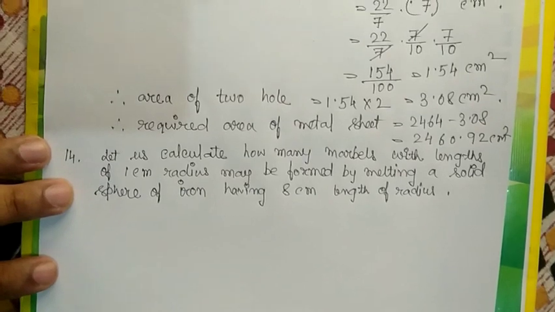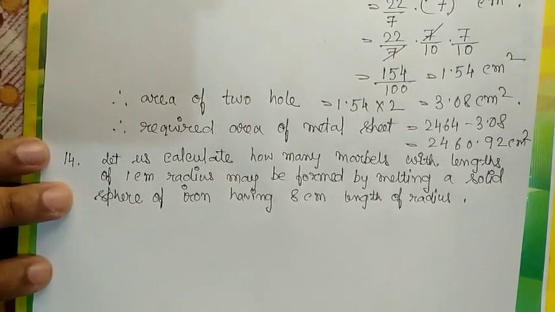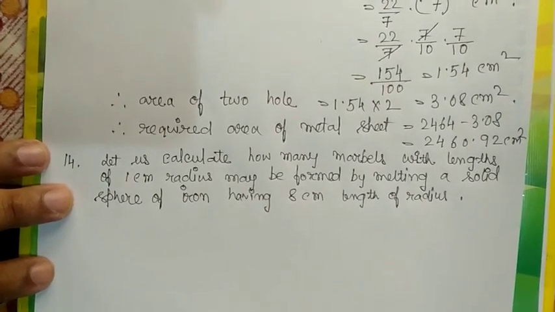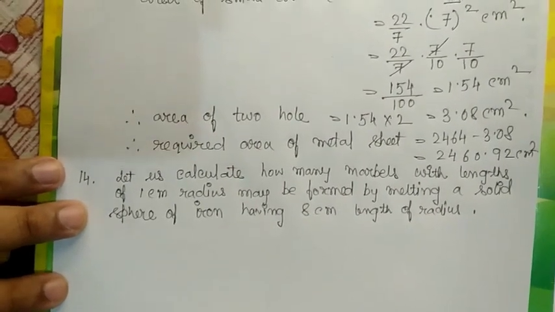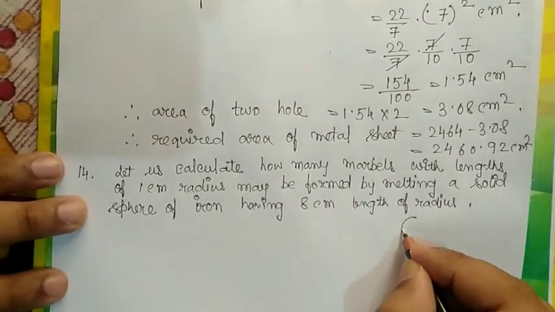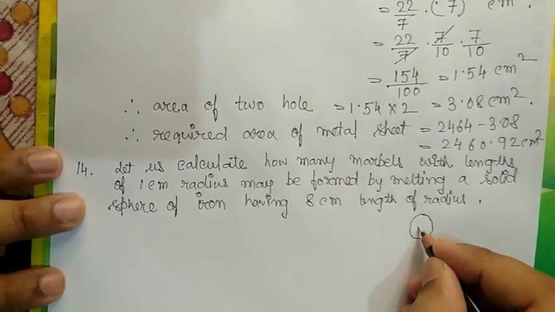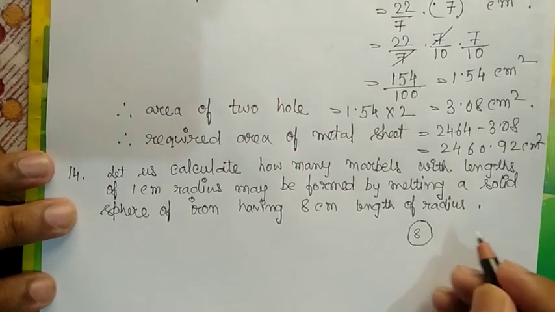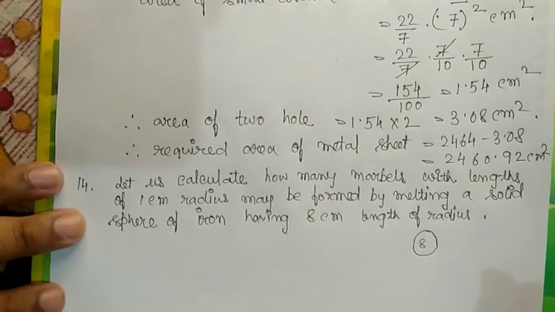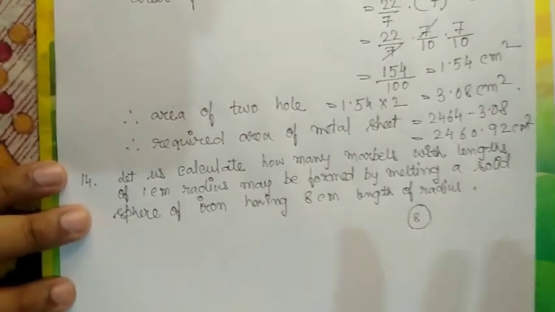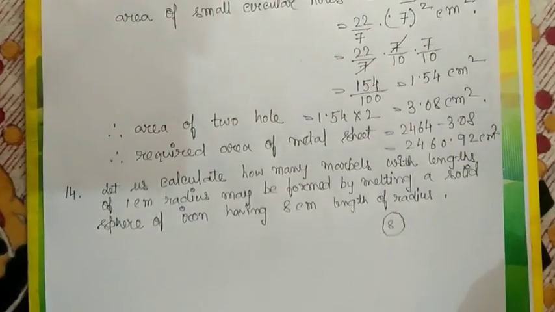Now this is sum number 14. Let us calculate how many marbles with lengths of 1 centimeter radius may be formed by melting a solid sphere of iron having 8 centimeter length of radius. Now the question is, this is a sphere with radius of 8 centimeter, and first of all it's melting, and after melting, spheres of radius 1 centimeter are being made from the melted iron.